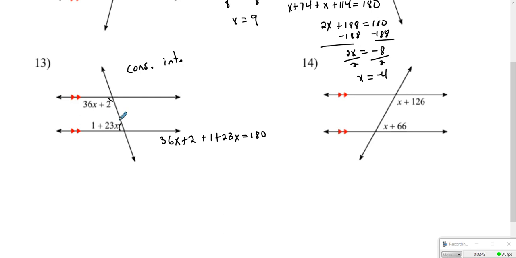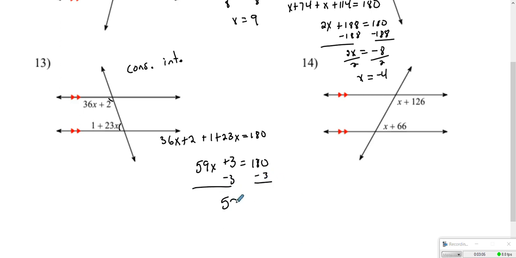Since we have a lot of terms, we're going to combine our like terms. The 2 and the 1 make 3. The 36x and the 23x make, let's see, what is that going to be? 59x. So 59x plus 3 equals 180. We'll subtract 3 from both sides.